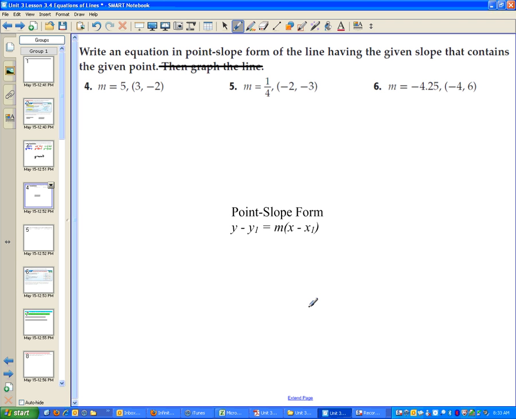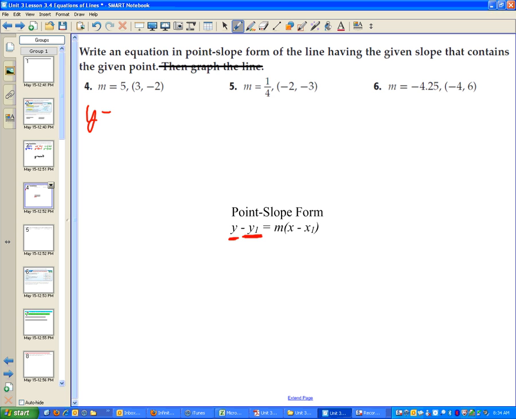So for number 4, they give us m. They give us a point on the line. So I'm starting with point-slope form. Fortunately for us, I'm also ending in point-slope form. So y minus y1, that's the y-coordinate of that point that's on the line.